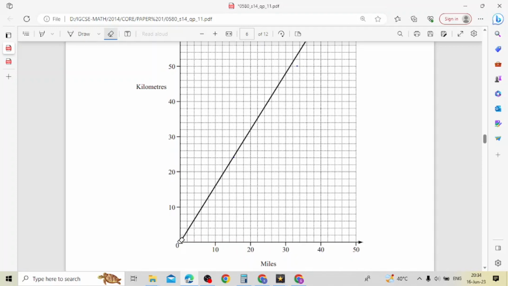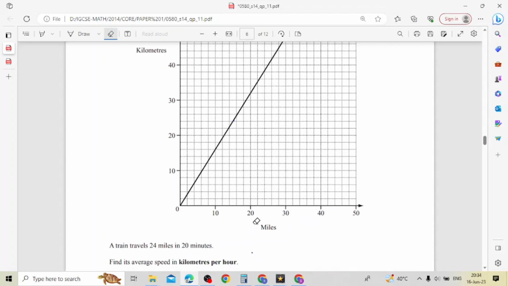If you see the scale of this graph, each line takes 2 kilometers vertically, and each line horizontally takes 2 miles.